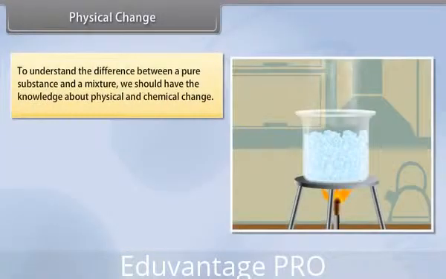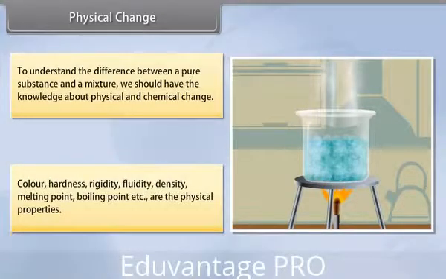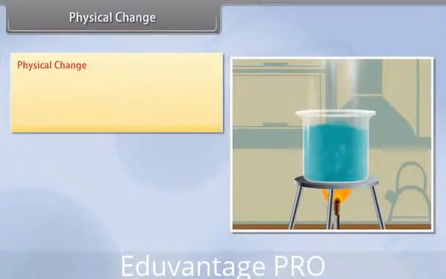Physical change. To understand the difference between a pure substance and a mixture, we should have the knowledge about physical and chemical change. Color, hardness, rigidity, fluidity, density, melting point, boiling point, etc. are the physical properties. Physical change.